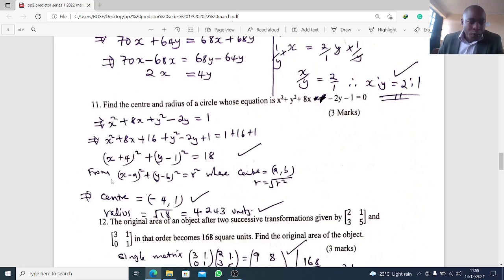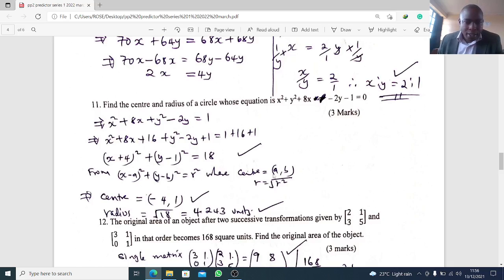From this equation, we know the equation of a circle is x minus a squared plus y minus b squared equals r squared, where the center is a, b. If you take the right hand side to remain with x, x could be a, and y could be b.